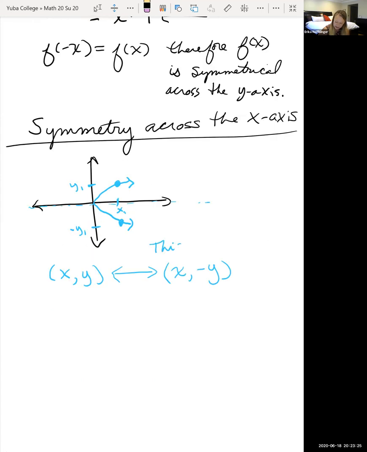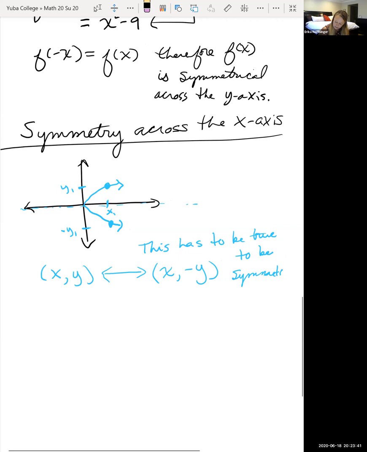So this has to be true to be symmetrical across the x-axis.